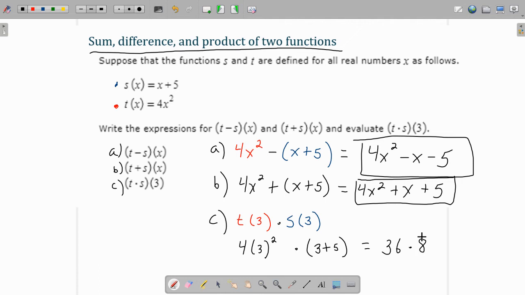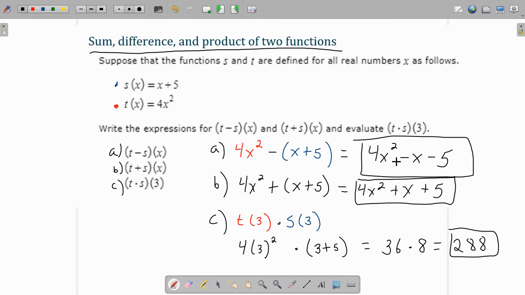All right. And we can just use a calculator for that. We can use a calculator for all this if you want. 36 times 8, we get 288. So in these problems, when you have an x, you're going to get an expression. When you have a number here, you're going to evaluate. That's why it says write the expression.